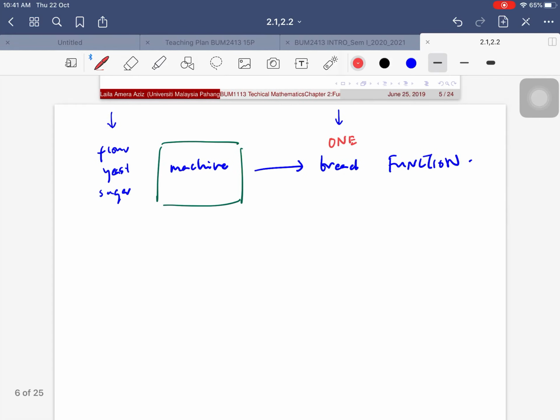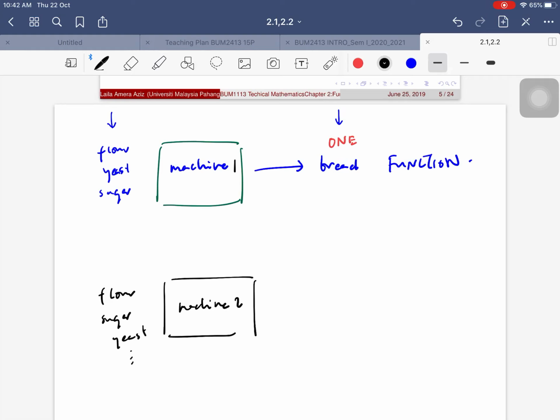Okay, example number 2. I have another machine, this is going to be my machine number 2. I give it pretty much the same thing: flour, sugar, yeast and other ingredients. What happens is that this machine, instead of only producing one thing, bread, can produce bread.